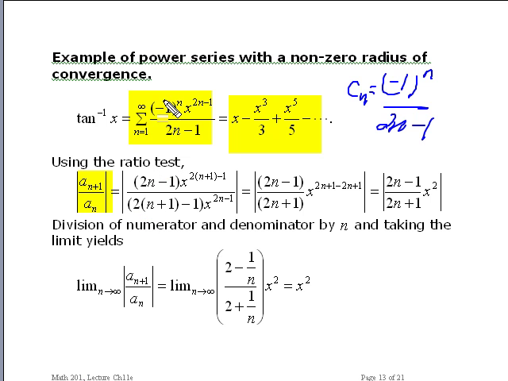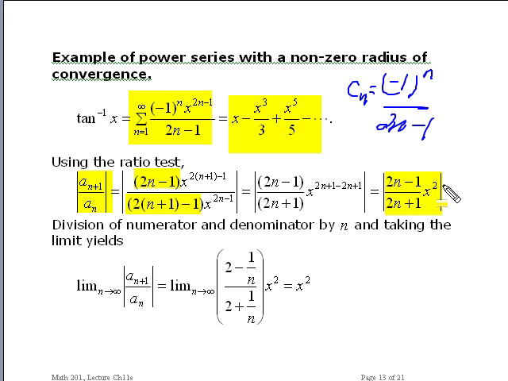Otherwise, for the a n plus 1 term, what's remaining of its coefficient ends up in the denominator. Okay. By subtracting those exponents, doing a little bit of work, we get 2n minus 1 over 2n plus 1 times x squared.